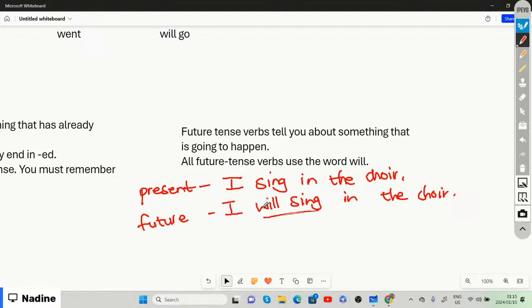This sentence shows the future tense, that something is going to happen. So when choir officially starts, then I will sing in the choir. And that is the future tense, where we use the word will.